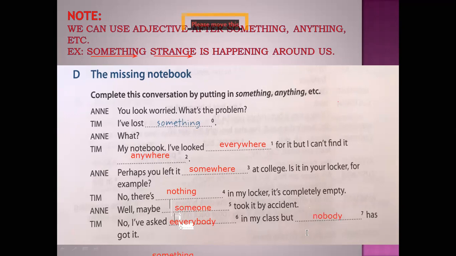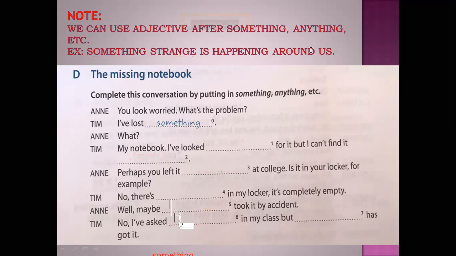Why is it not anybody? Because that means none, just negative. None of them have it. It doesn't exist anywhere. That's why we got nobody. If it's a person, nobody. If it's something, nothing. If there is a place, nowhere. Did you get it? Yes.